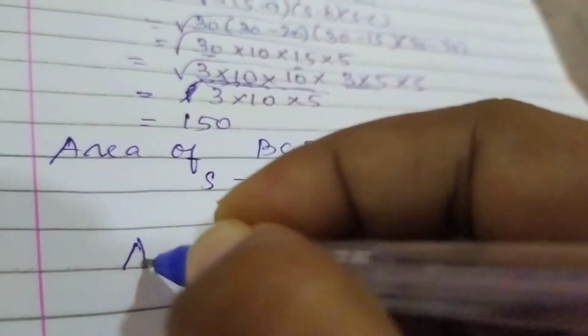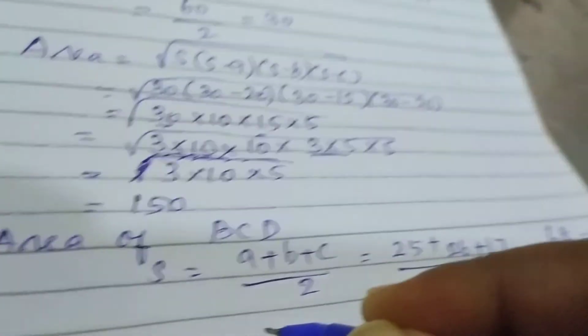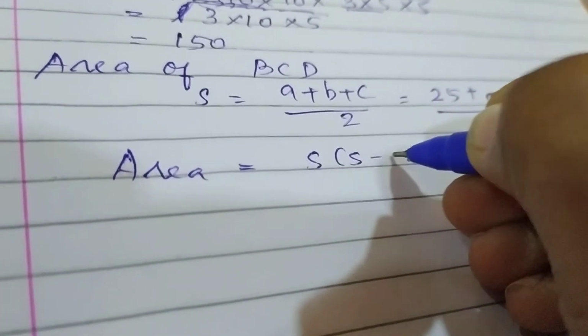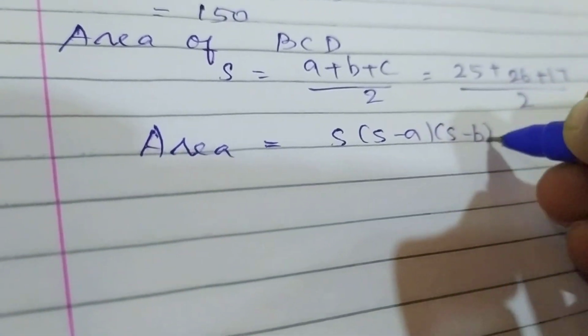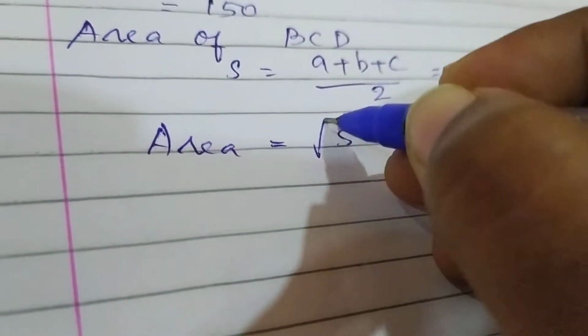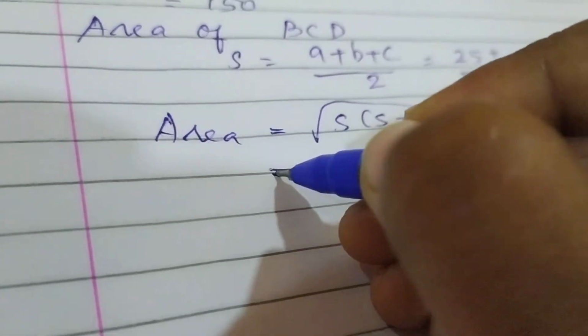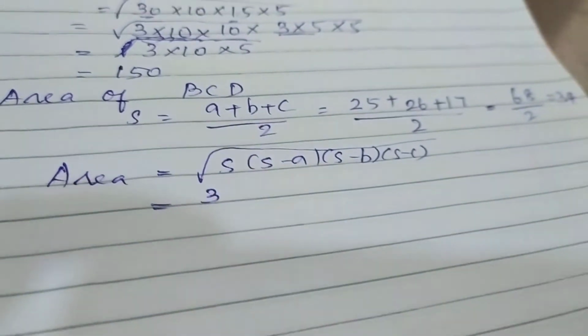So area is equal to root of S into S minus A, S minus B, S minus C. S is 34.